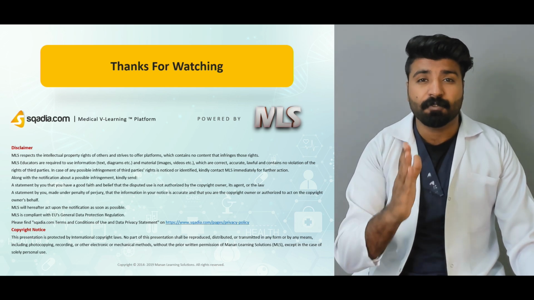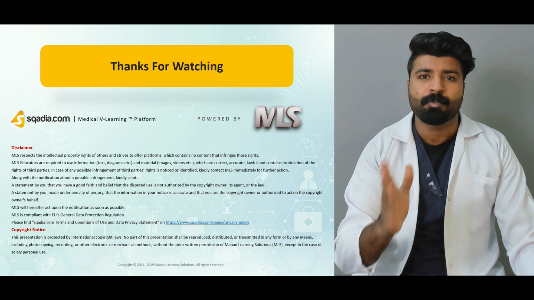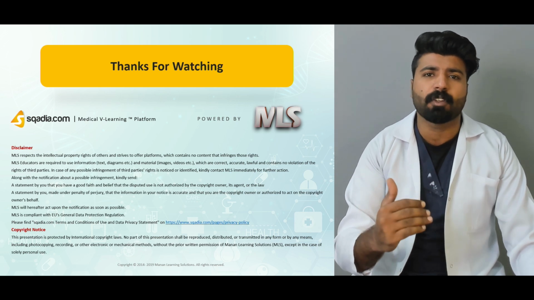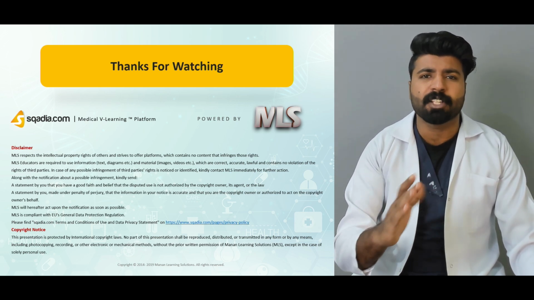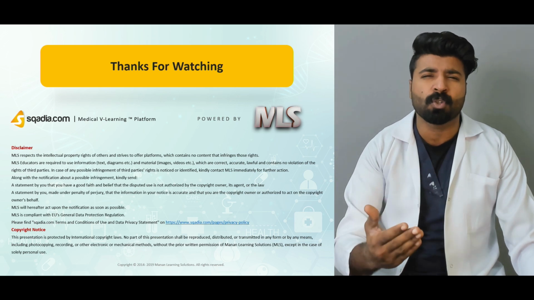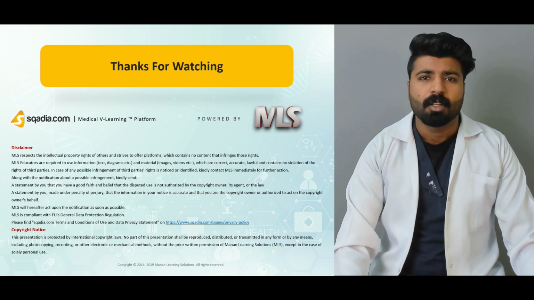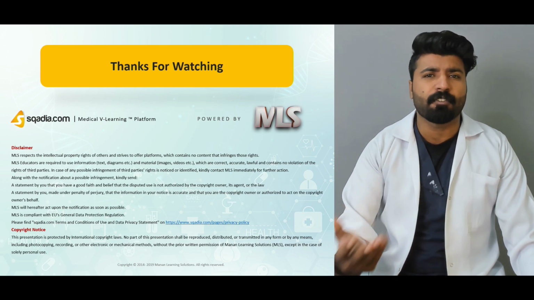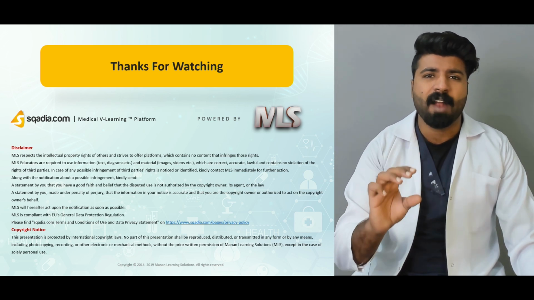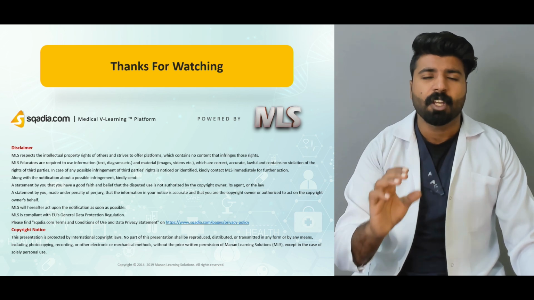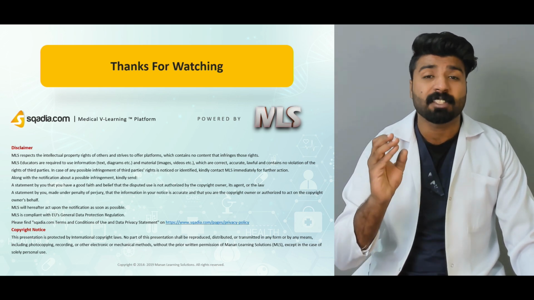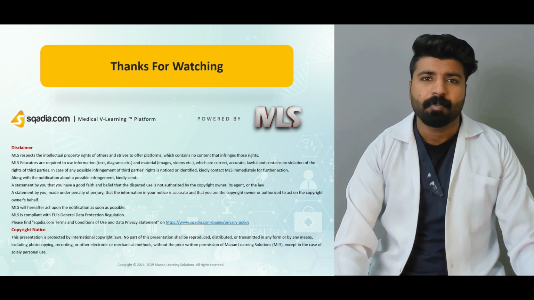When all of these 5 risk factors are excluded, then you go for the normal treatment. Then you go for the regime of 3 to 4 days or 4 to 5 days, and then you don't go for examinations, then you don't go for cultures. You just go for the telephonic management and you tell them that you have to take care of yourself, you have to be hygienic, you have to take these antibiotics, and you will be fine. And you don't have to do anything else than that.